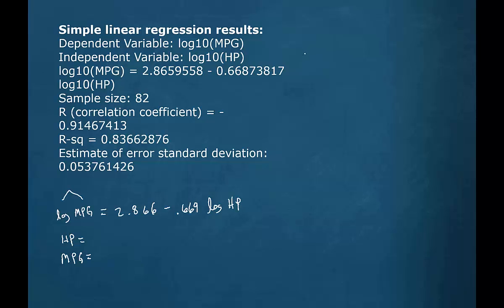We could convert this to its corresponding exponential equation by saying miles per gallon predicted is equal to 10 raised to the 2.866 minus 0.669 log horsepower.